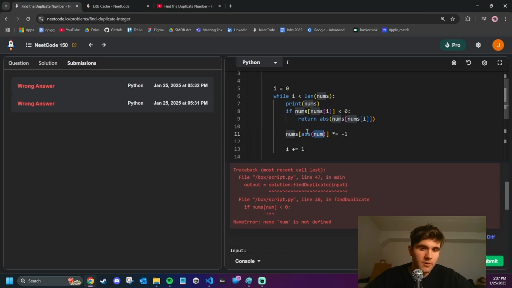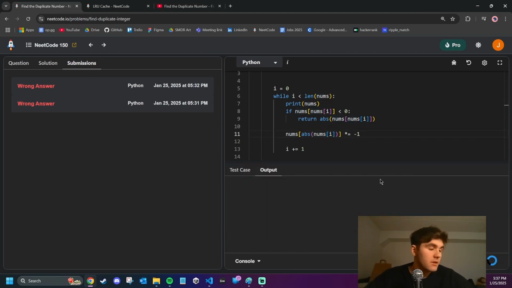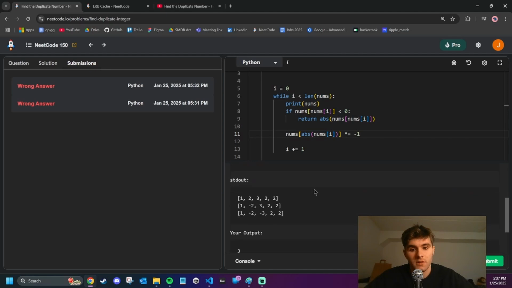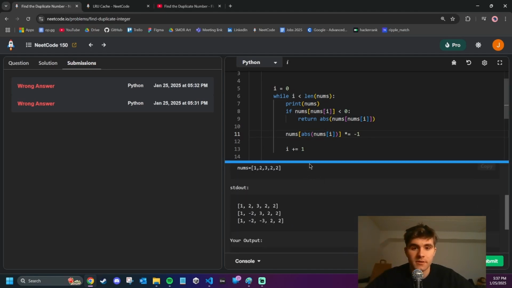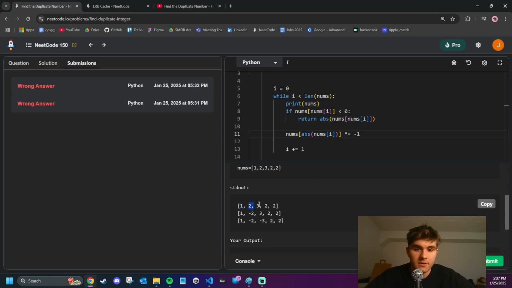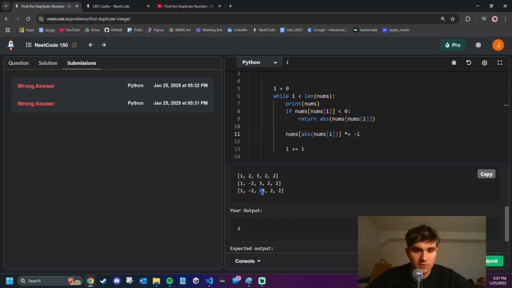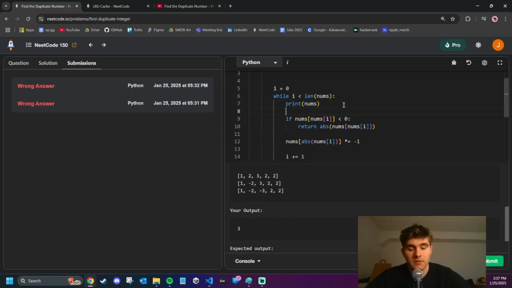Because the way the for loop works might keep it going even if we change something. Okay, so 1, 2, 3, 2, 2. So 1 changes index 1 to negative, and then 2 changes index 2 to negative, and then 3 should change index 3 to negative. But it's not.